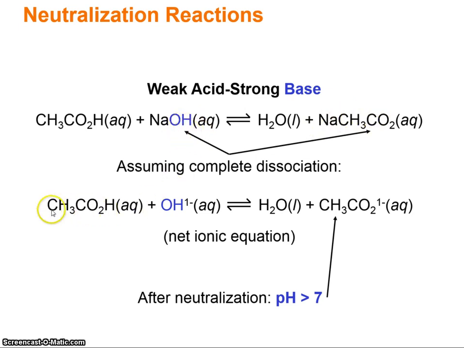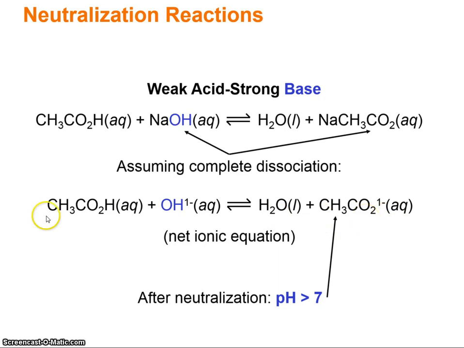So we're going to react our acetic acid and hydroxide to give us water and acetate, because all of my group 1 cation containing salts are going to be soluble. So the sodium is going to be a spectator ion. The acetate is not a spectator ion because it came from the acid. And so after neutralization, I've got water and this weak base in solution.